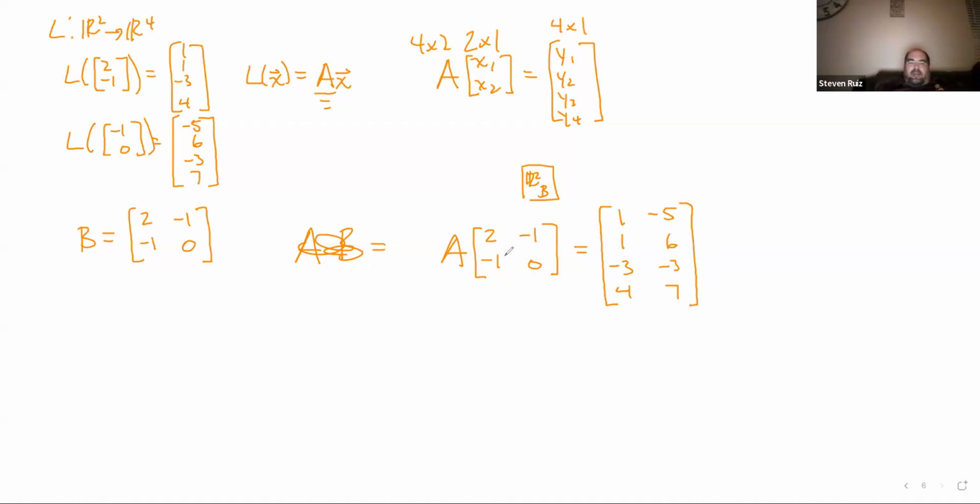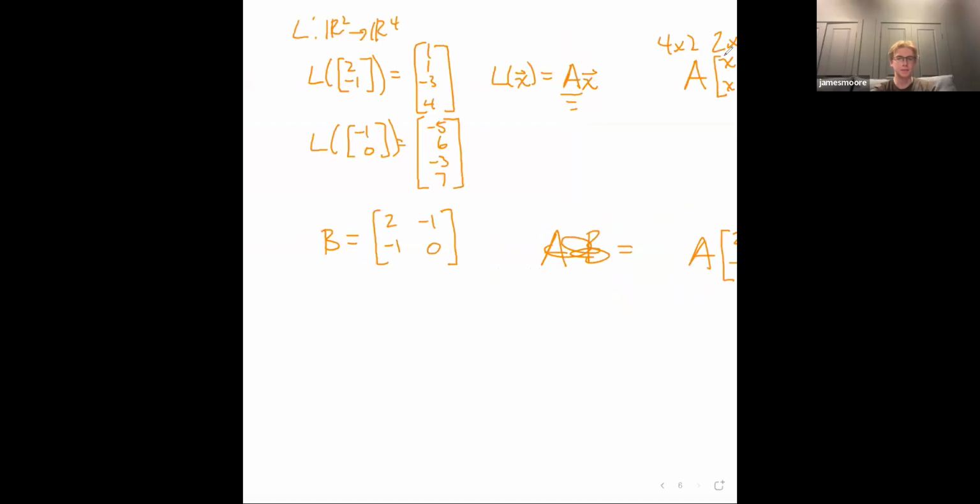All right, so where do I go from here? How do I work towards figuring out what A is? You reduce in row echelon and then parameterize. What am I reducing? The 4x2.